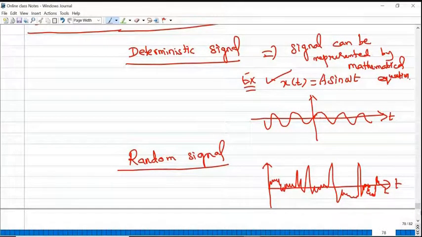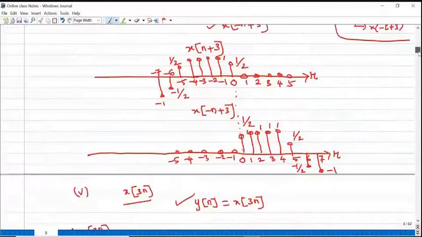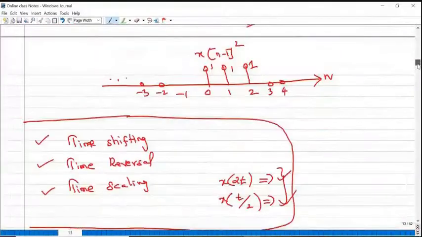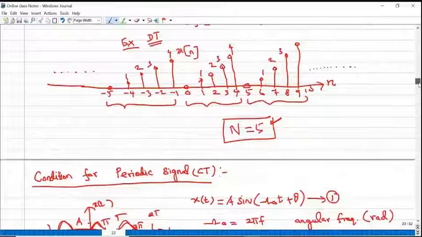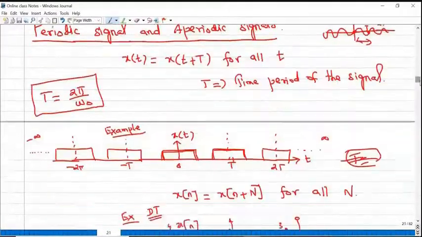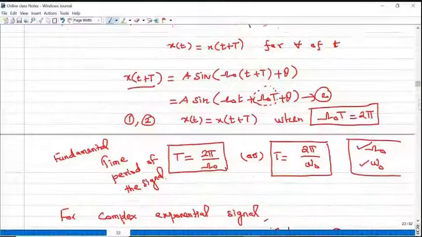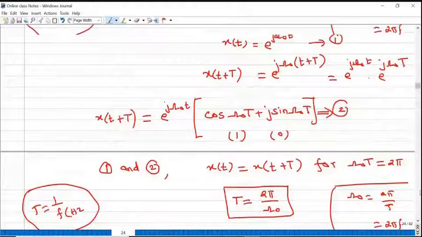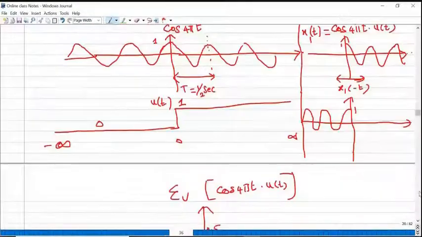Okay. So up to this particular step, the classifications of signals are completed. After completion of the basic operations of signals in both discrete as well as continuous cases, then the classifications of signals: discrete signal, continuous signal, and periodic, aperiodic. And we have solved many problems in periodic and aperiodic signals, both continuous as well as discrete time.